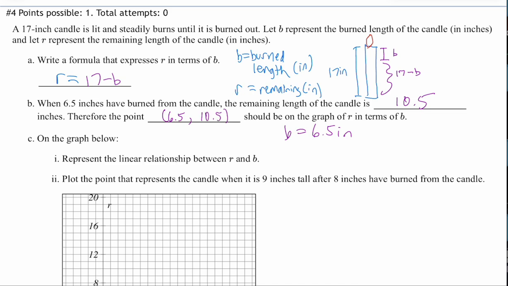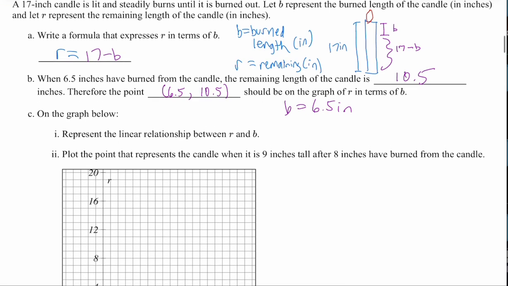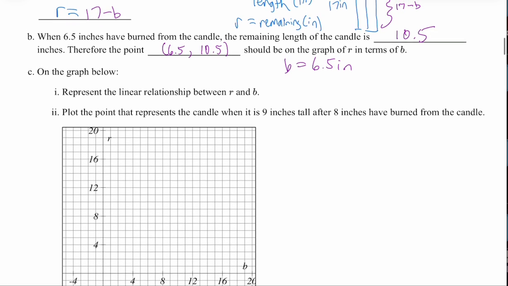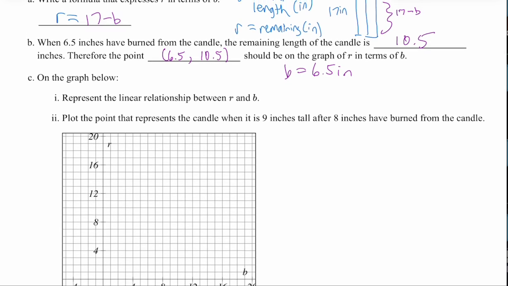Okay. So it says on the graph below, represent the linear relationship between R and B. So we just need to graph a point, and then maybe even a second point. We can also use the equation. So we have this to help us. We also have this equation. Now, what we know about linear equations, the starting value or the starting height was 17.